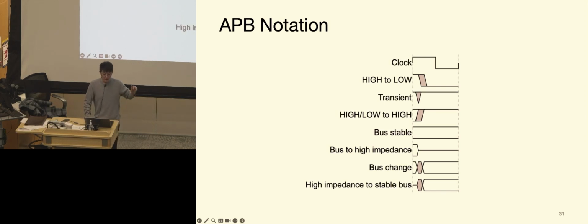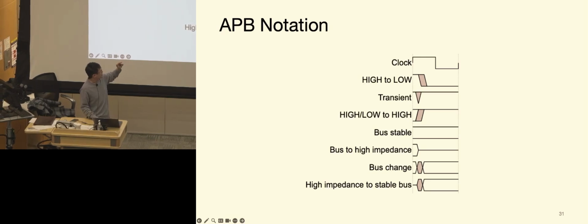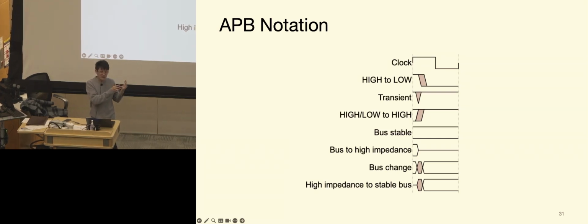And so from top to bottom, basically we have the clock signal. Those are usually pretty sharp and crisp. We don't have to do any of the gray area to it. And then we have the high to low, basically digital high to low changes in the signal line. And then a few other things too. The bus stable, you will see two lines. It doesn't necessarily tell you if it's high or low. That basically means the state where the signal on a bus has reached a valid, unchanged stage.